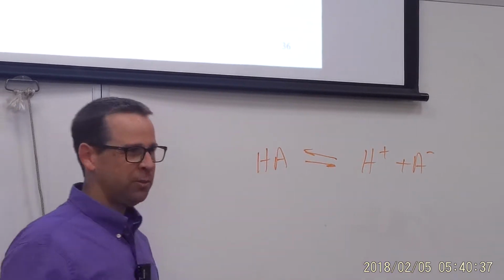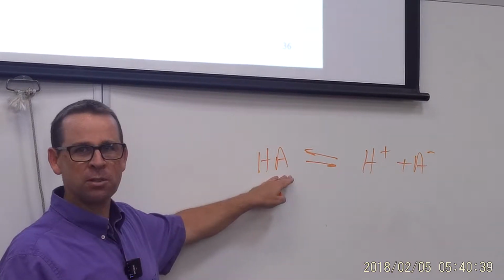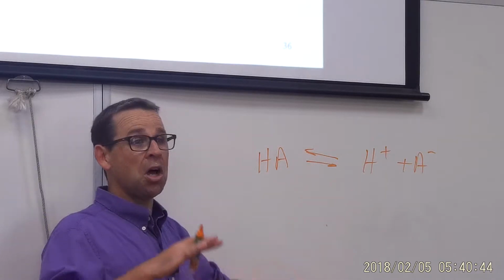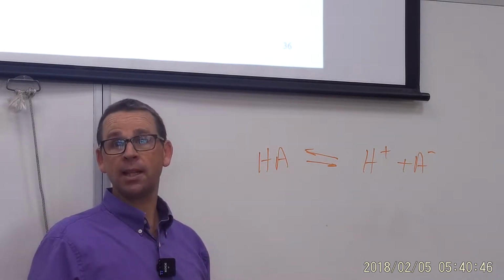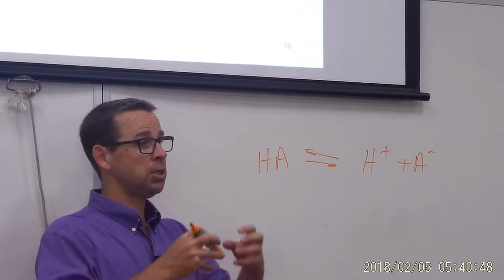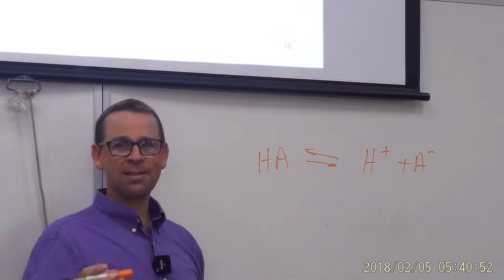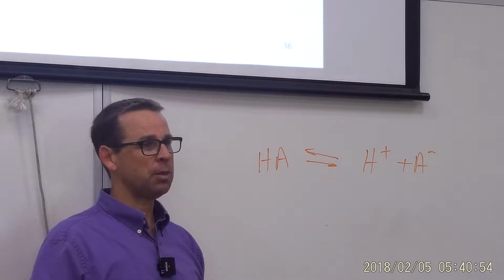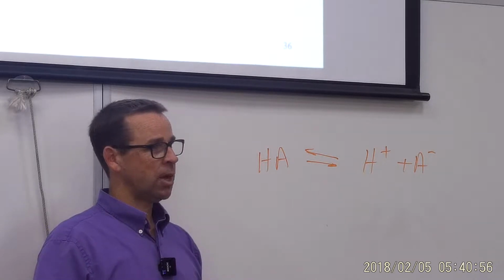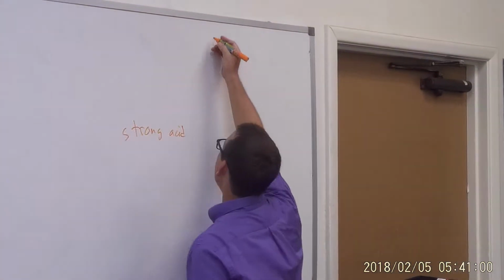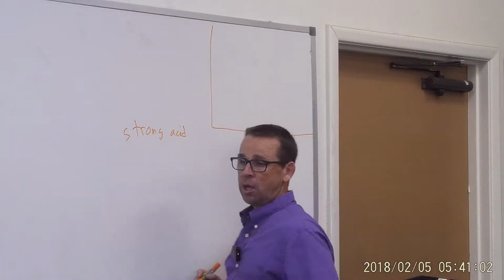But for example, if you had 10,000 molecules of this acid and it was a weak acid, on average, 1 out of every 10,000 would probably be dissociated at any given time. Okay? So that's what we're talking about when we're talking about weak acids. Right? So strong acids, completely dissociated. And there's only 7 strong acids.